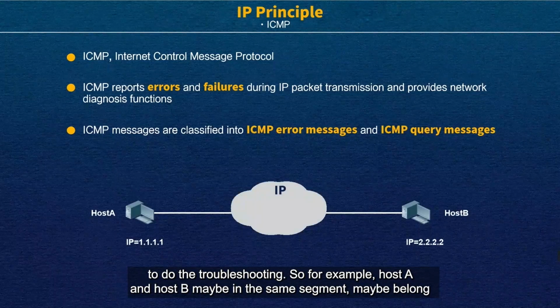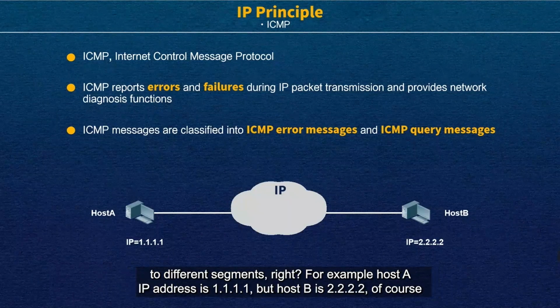So, for example, host A and host B may be in the same segment, or maybe belong to different segments, right? For example, host A's IP address is 1.1.1.1, but host B is 2.2.2.2.